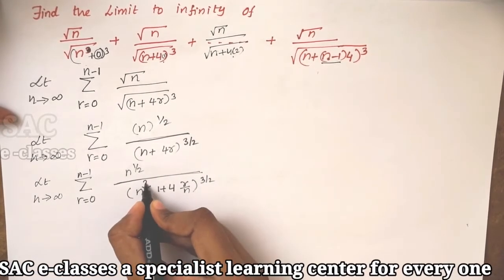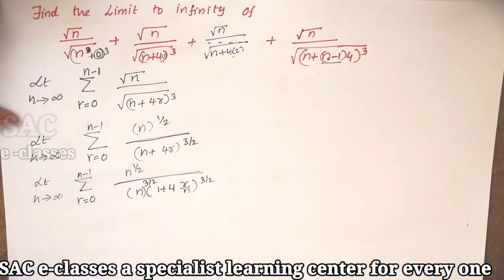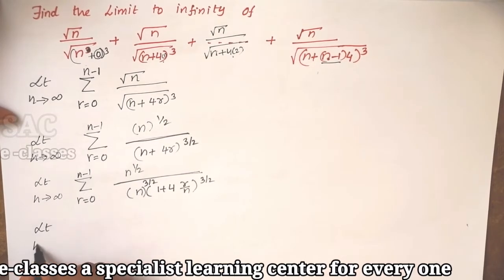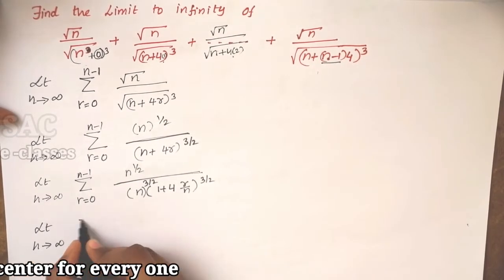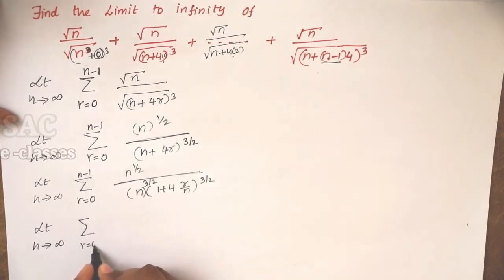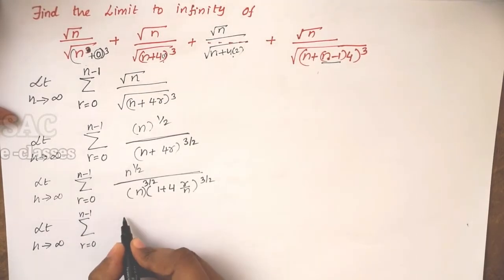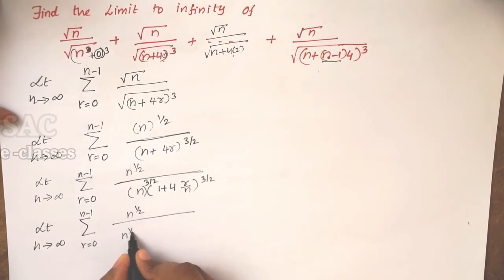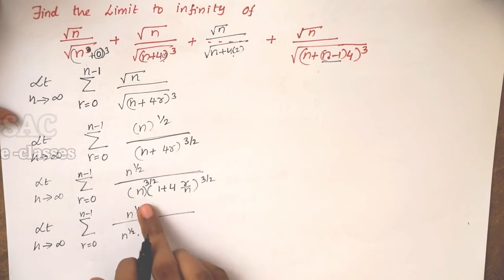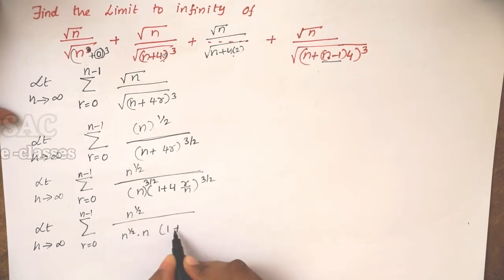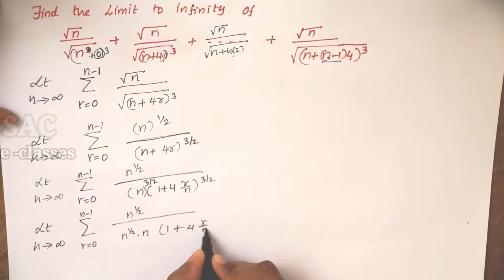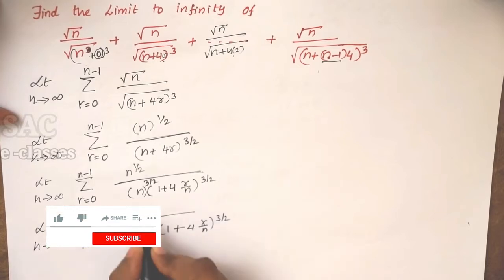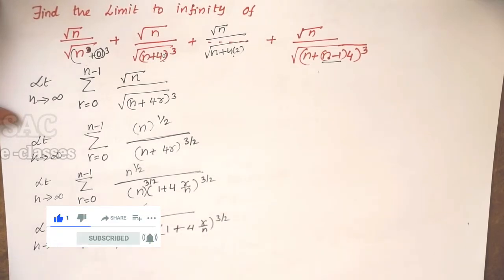So here the power is 3 by 2. Now I express n power 3 by 2 as n power 1 by 2 into n. The n power 1 by 2 gets cancelled.